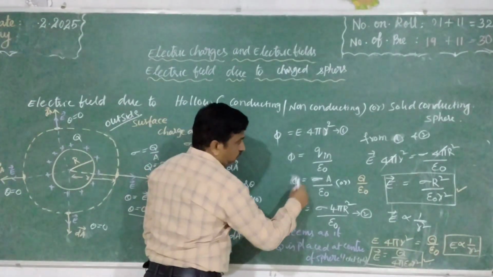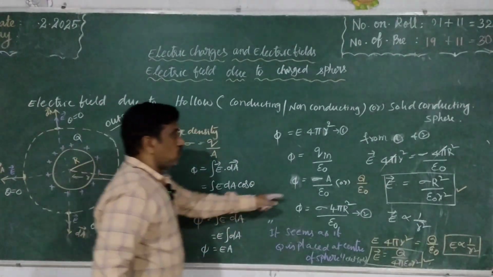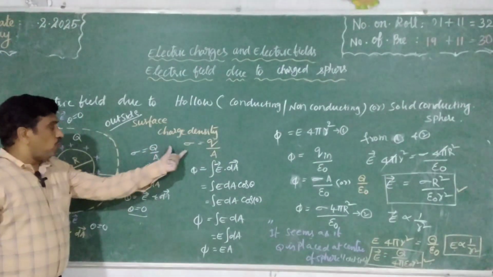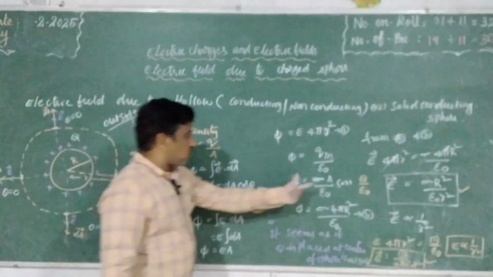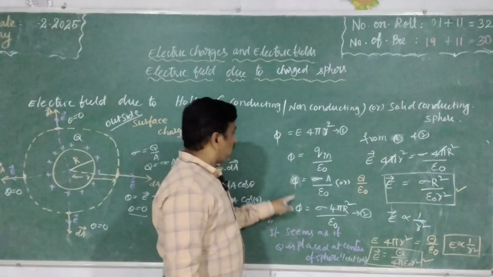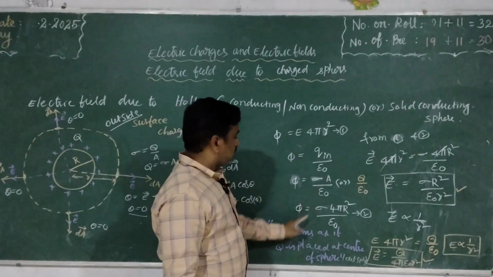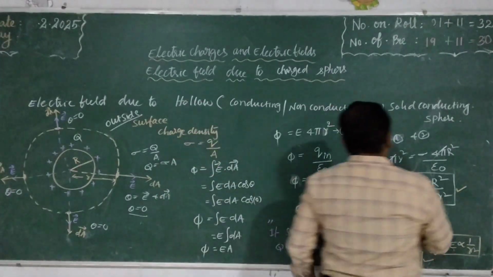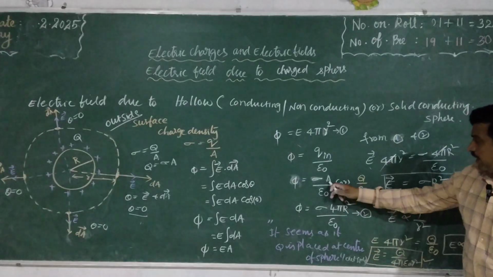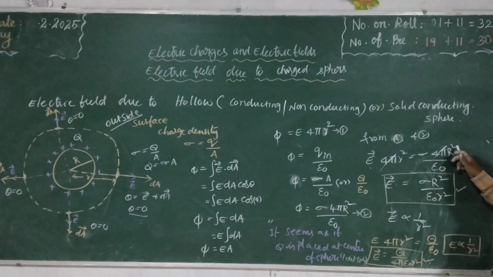Now, sigma equals Q by A, so Q means sigma A. Instead of Q inside, we can write sigma A by epsilon naught. These two phi are the same, so we can write E 4 pi r square equals sigma A, where A means the area of the sphere, so 4 pi capital R square.